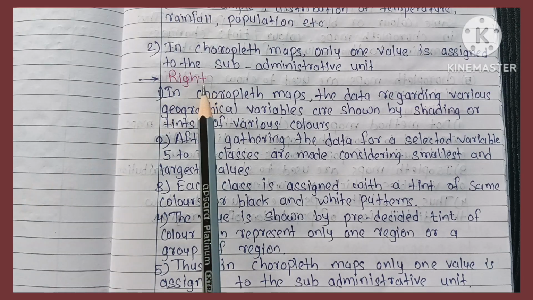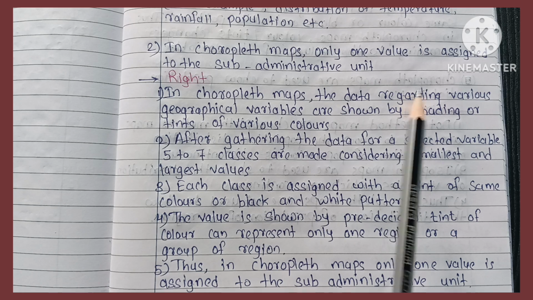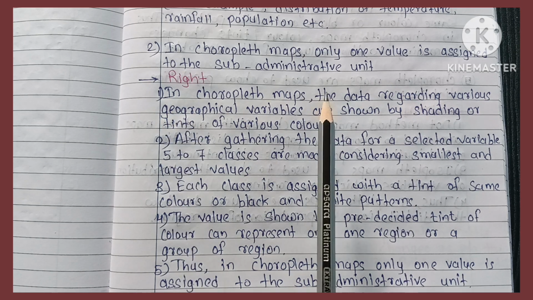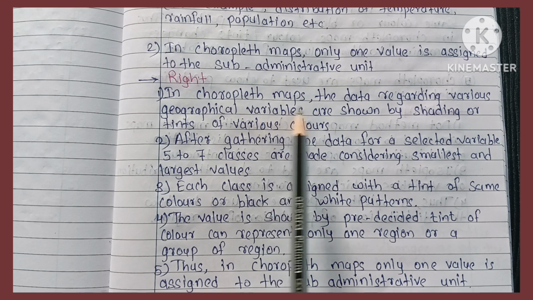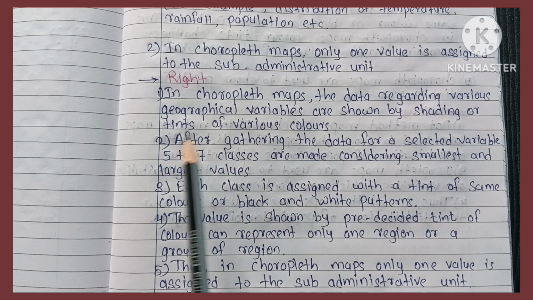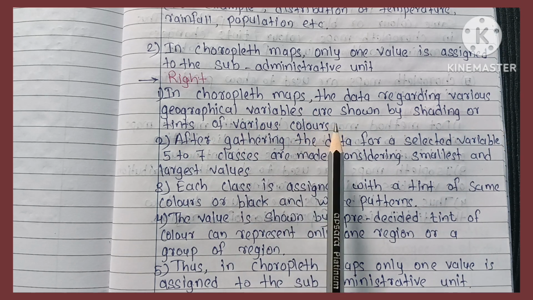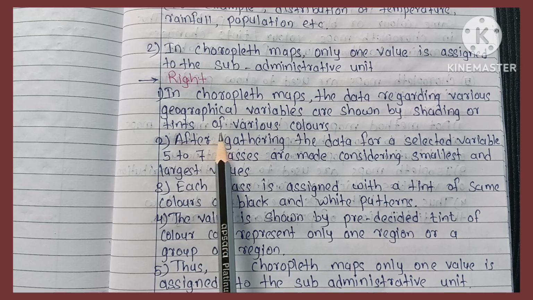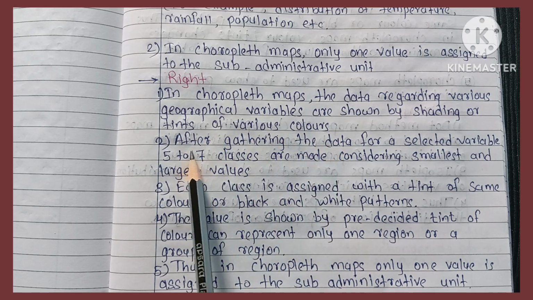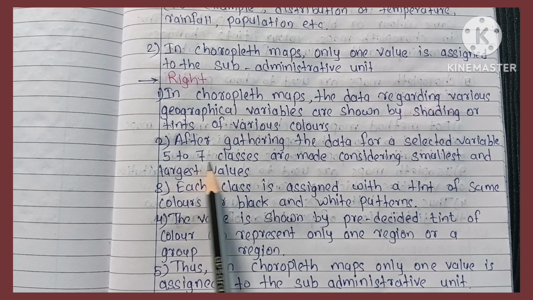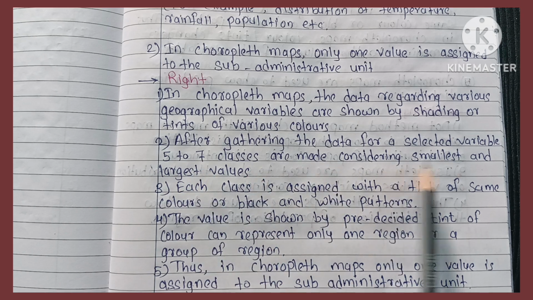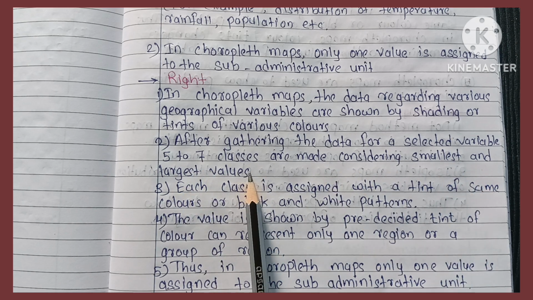Next question. In choropleth maps, only one value is assigned to the sub-administrative units. This statement is right. In choropleth maps, the data regarding various geographical variables are shown by shading or tints of various colors. After gathering the data for a selected variable, 5 to 7 classes are made considering smallest and largest values.